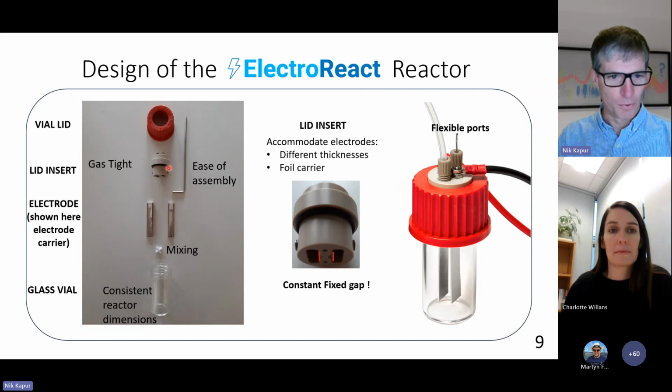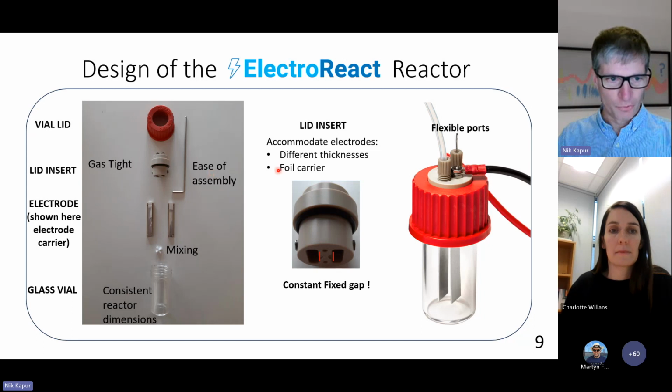It's a really important component in the ElectroReact system. And this gets fastened down onto the glass vial just using a cap. You can see there's a black O-ring around there, so that's going to provide a gas tight seal. And all of the passages inside, again, are gas tight, so you can maintain this inertness of atmosphere.